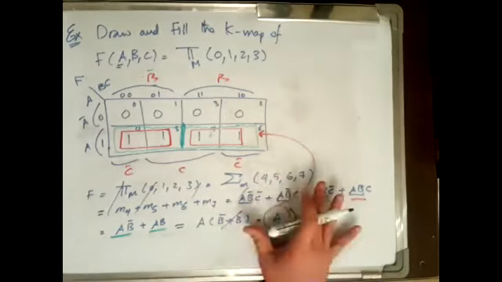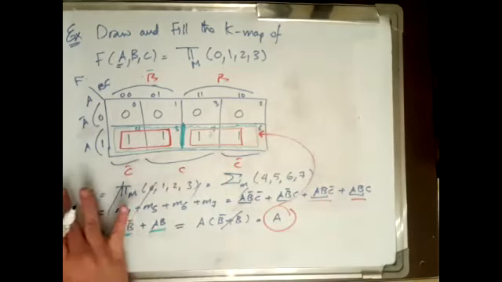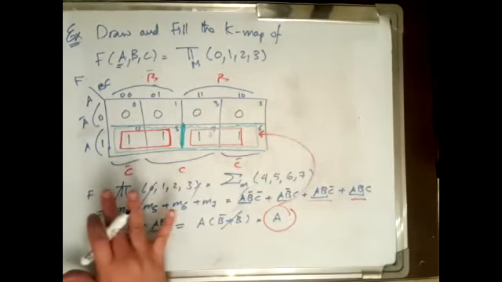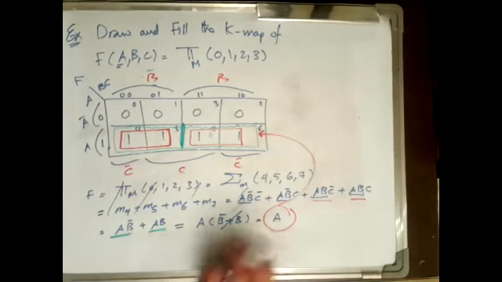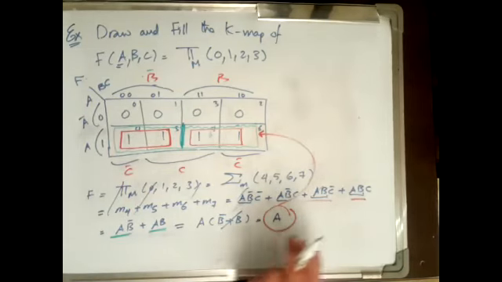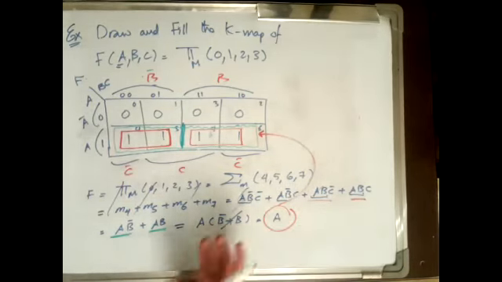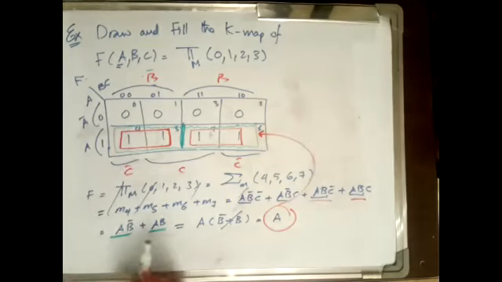You can do this. But what I'm doing here is just to show you how combining squares on the map corresponds to doing that in algebra. Basically, we are taking advantage of the minimization theorem, which states that if we have two AND expressions that are different in the state of one variable, we can cut them into A. This is the minimization theorem, if we remember, from chapter 2.